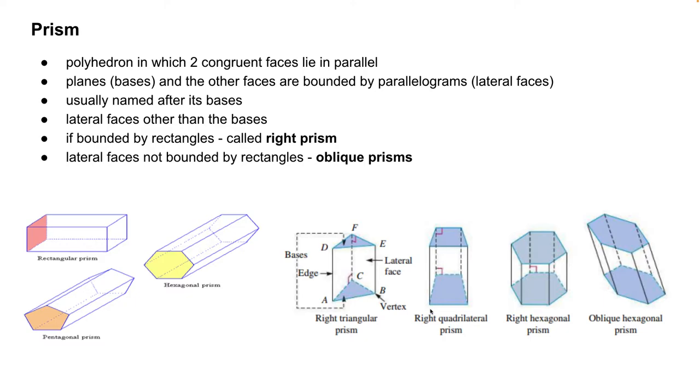Why do we say right? Because the blue base and the white lateral faces meet at 90-degree angles. Same for this one. Okay, it's right because the base and the faces meet at 90-degree angles. It's hexagonal because we have bases with hexagon shapes.